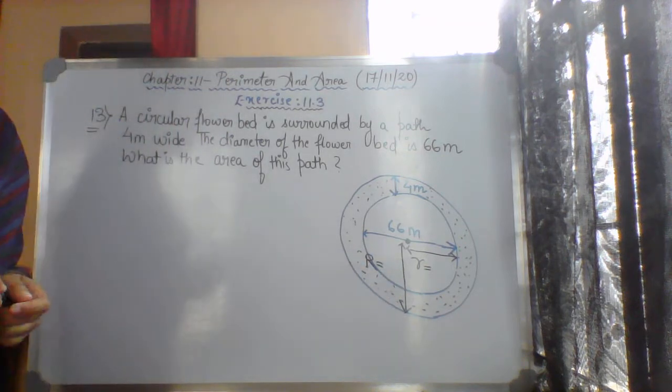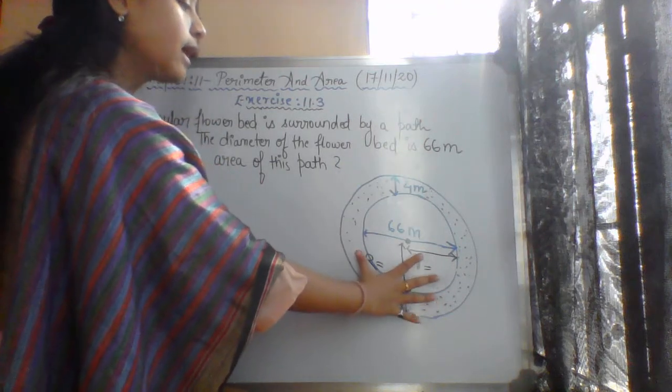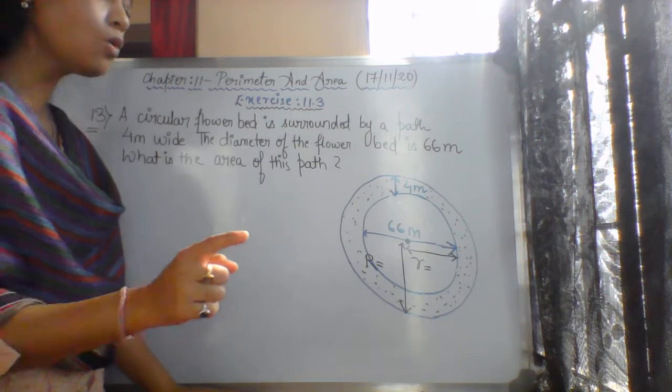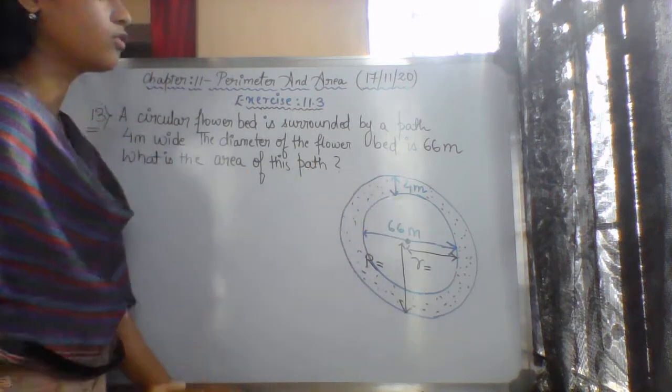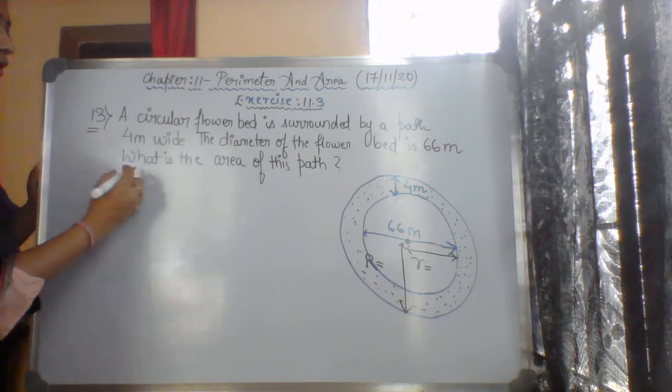This too we must know, because we want to subtract the greater circle area minus the small circle area. So we must know the radius of both of them.